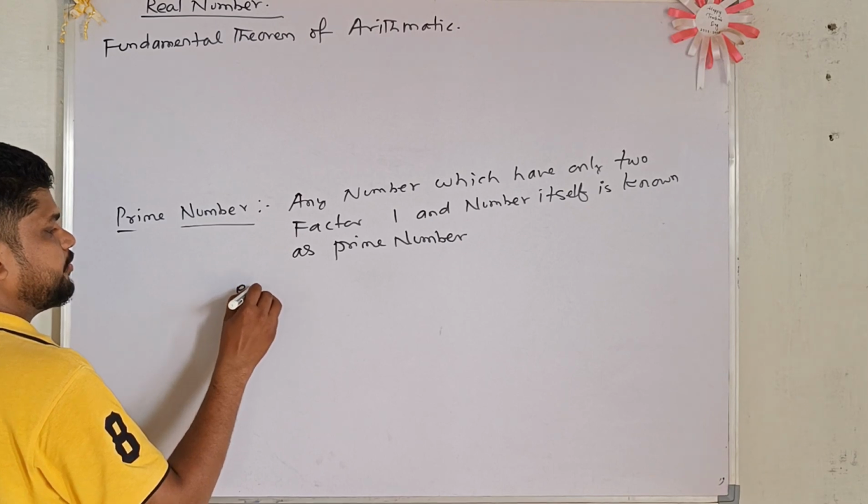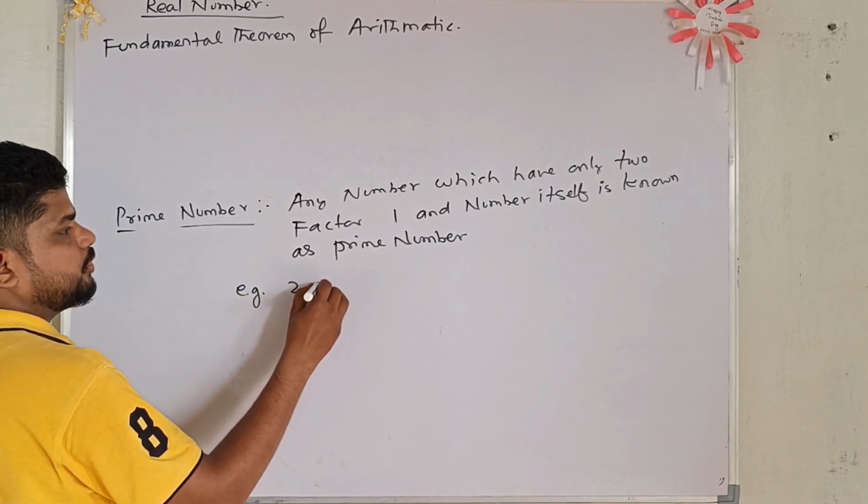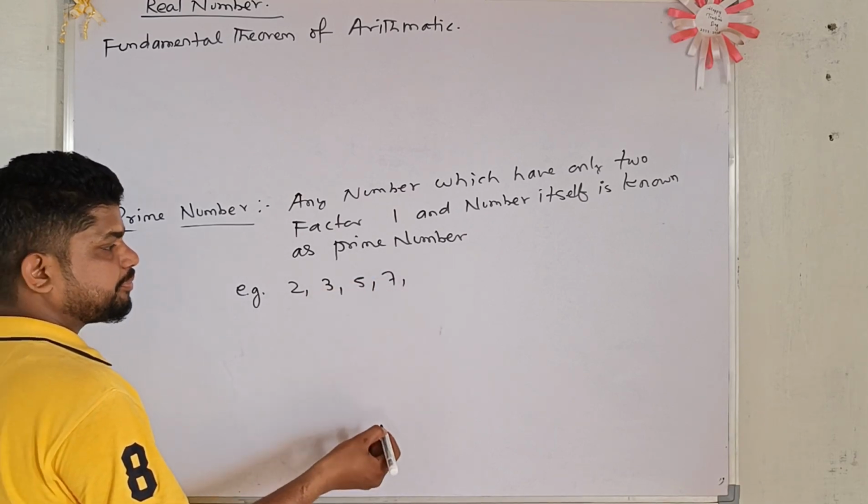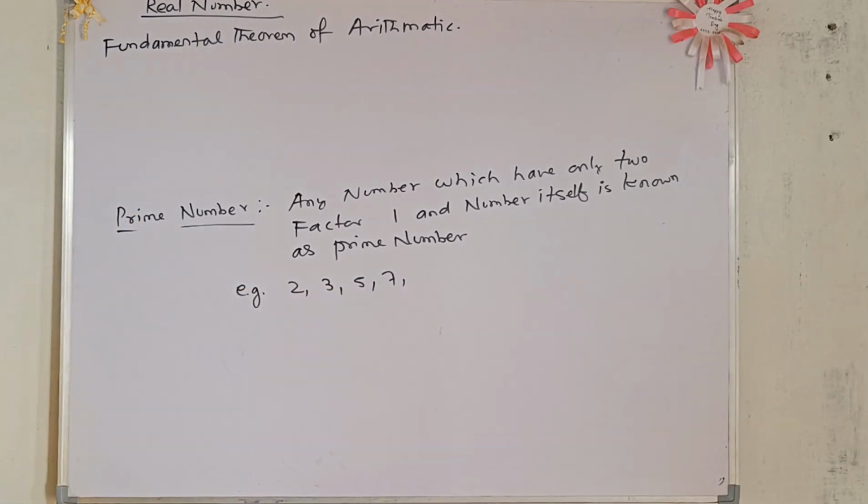For example, 2, 3, 5, 7, these are all known as prime numbers.